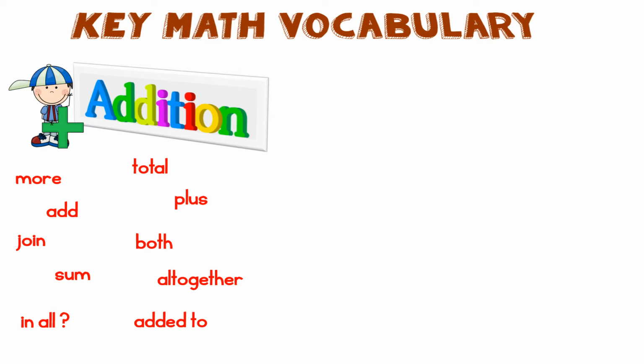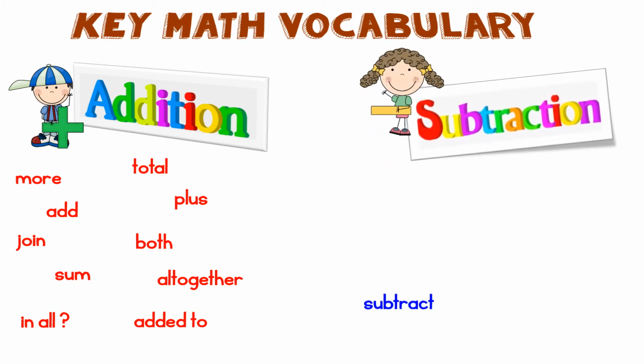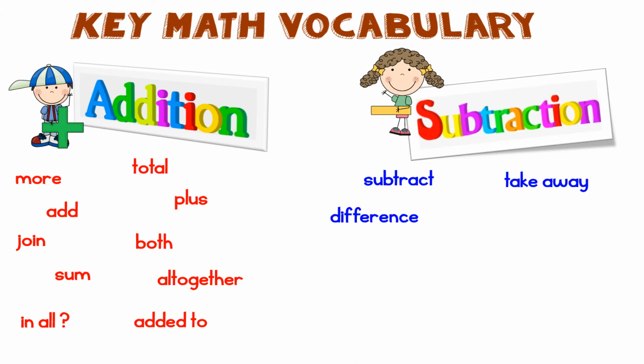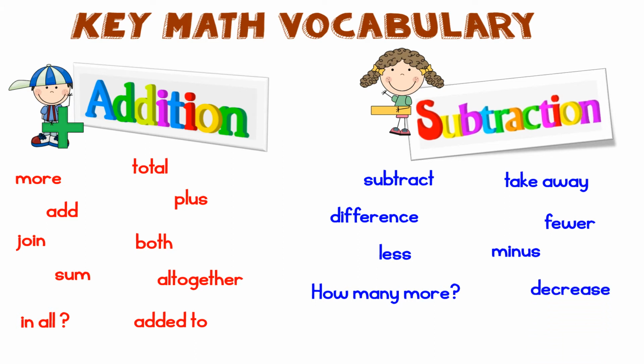These words signal to us that we are adding. Now for subtraction, we have words like subtract, take away, difference, fewer, less, minus, how many more, decrease, how many left. These words are a signal or a clue that we will use subtraction.